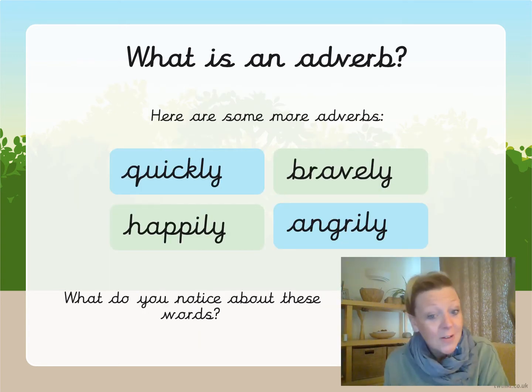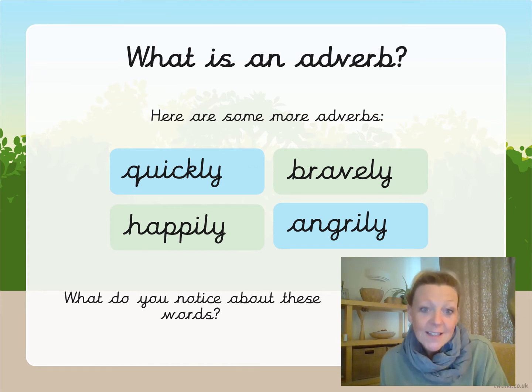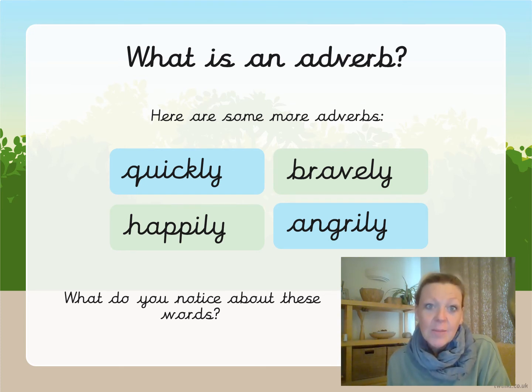So what do we notice about these adverbs? They all end in ly. The adverbs that we're looking at today all end in ly. They all tell us more about the verbs. Not all adverbs end in ly, but today that's what we're going to focus on.